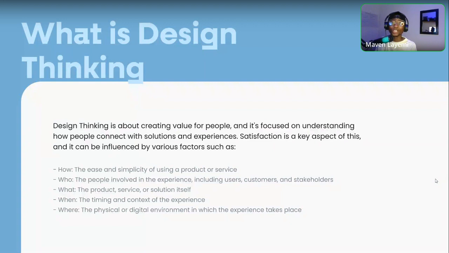If you guys can check your Google now, no, you don't need to check Google. Go to your WhatsApp and use Meta AI. I'm doing that also now. I want us to see what Meta AI would give us. Just type what is design thinking.